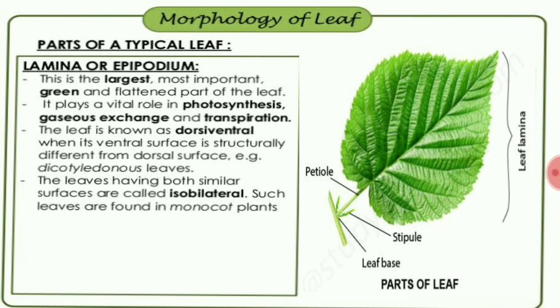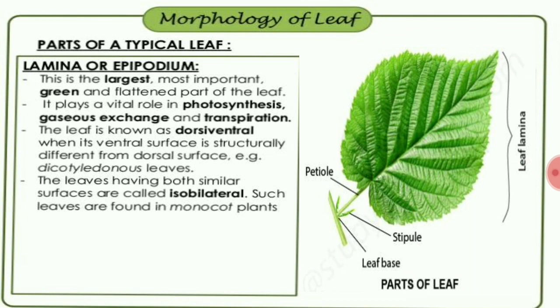This is the largest, most important green and flattened part of the leaf, which plays a vital role known as photosynthesis. Photosynthesis is a process in which plants use sunlight to prepare food. Also, the leaf helps with gaseous exchange and transpiration through stomata.